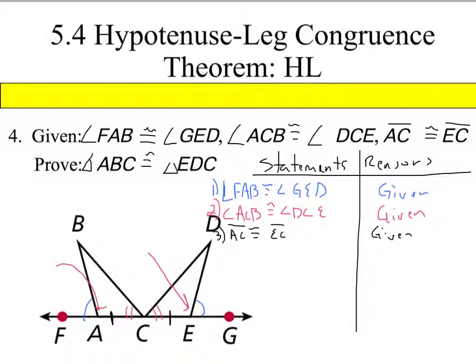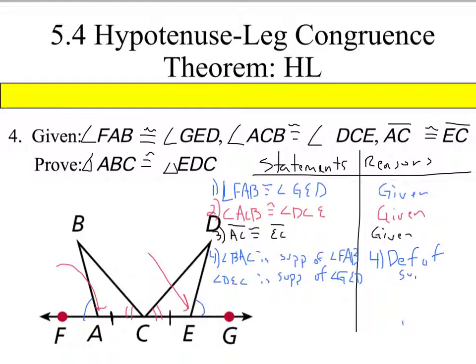So how can I put in my proof that those are supplementary angles? Well, I'm just going to write it. My statement looks like this: BAC is supplementary to FAB and DEC is supplementary to GED. The reasoning is going to be the exact same for both statements, so I'm able to cover both of those being supplementary with just one reasoning, and that is the definition of supplementary angles.